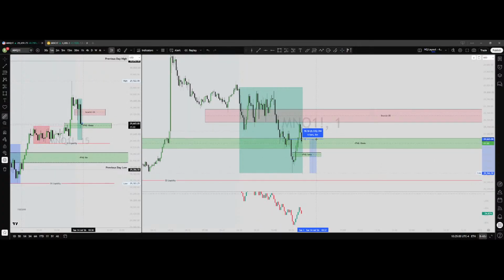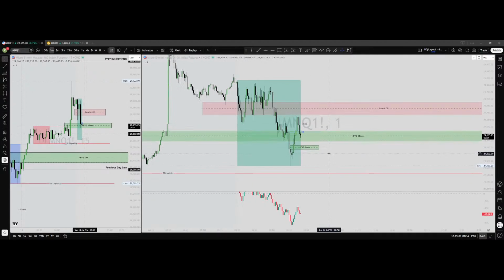Yeah, that's about 100 points. We got liquidity, V-shaped rejection, IFVG. It has also tapped into this bearish fair value gap, this bearish order block, but it's a very small tap.